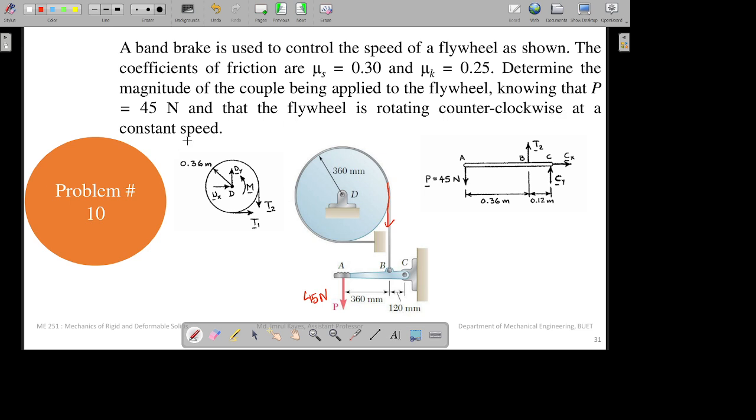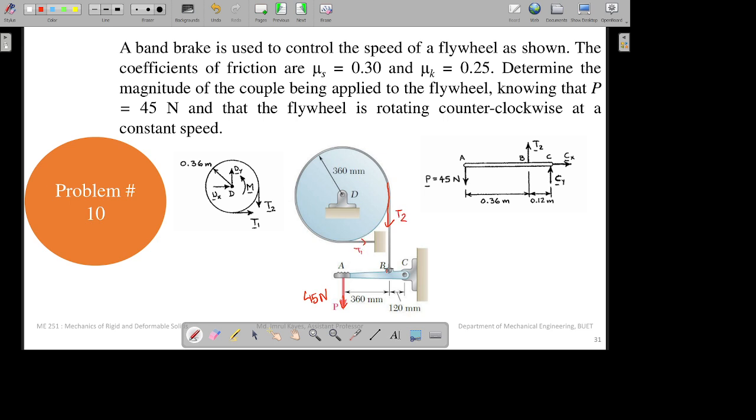Okay, very good. Now have a look at the free body diagram of the band brake. Over here the value of P is given, and this was your point B and this is your point C. At point B, let's denote this tension by T2 and this tension by T1.